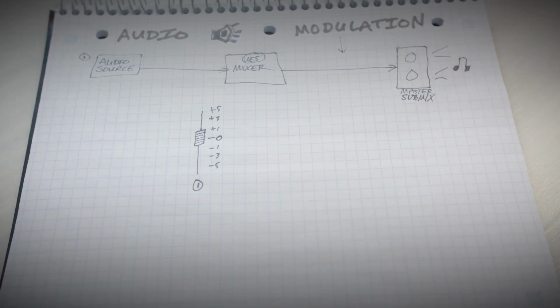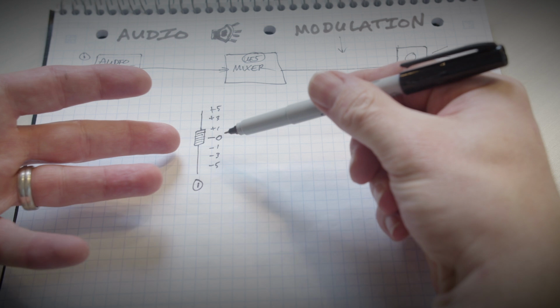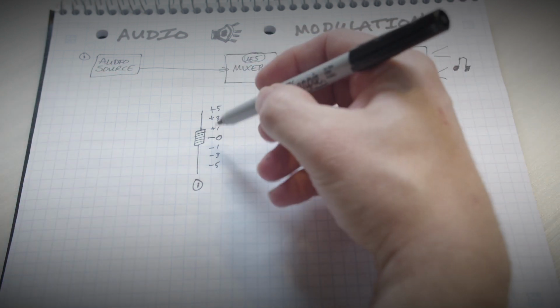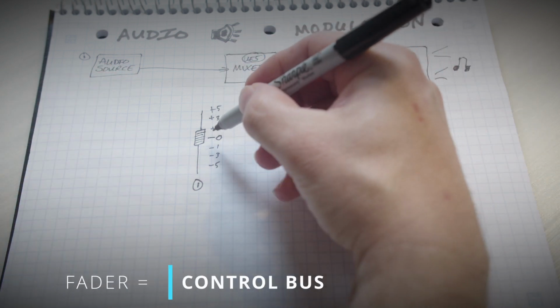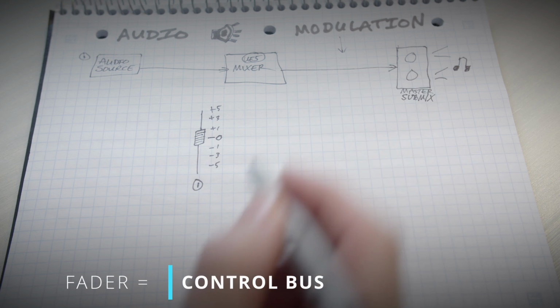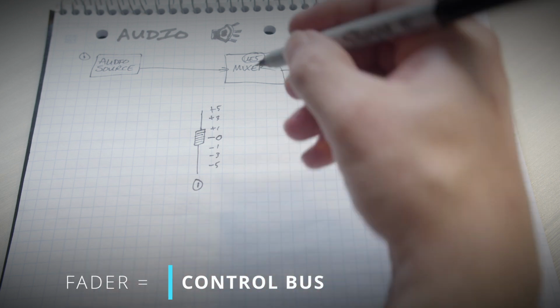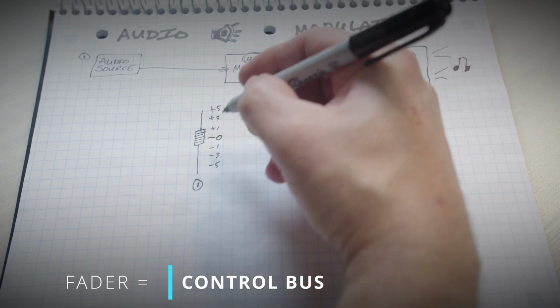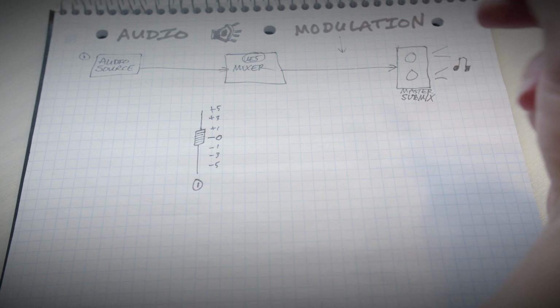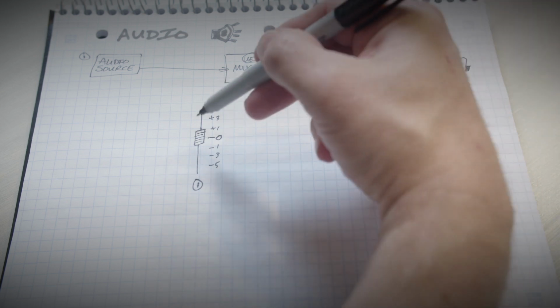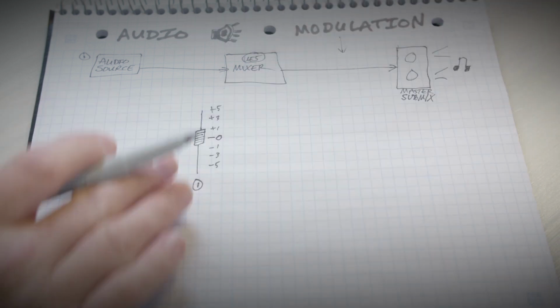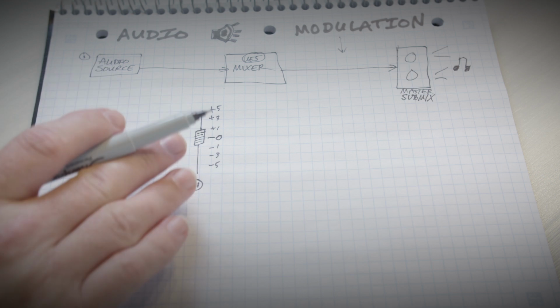With the audio modulation plugin, we're able to add what's called a control bus, which essentially becomes your fader in a way. What the control bus does is it allows you to mix your audio in real time by changing the amount of this parameter.